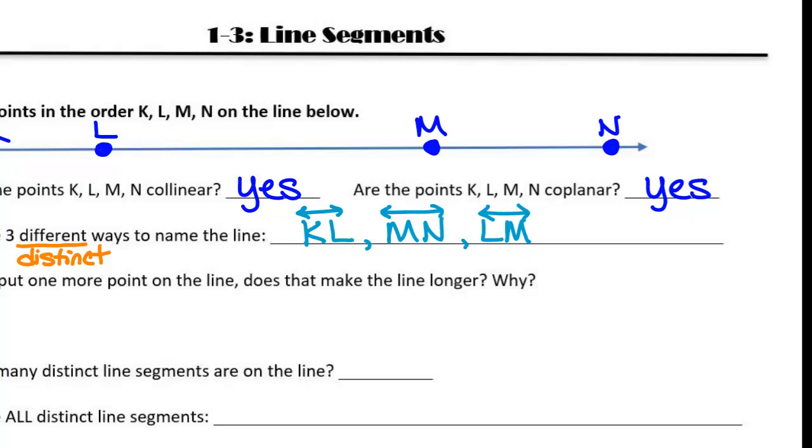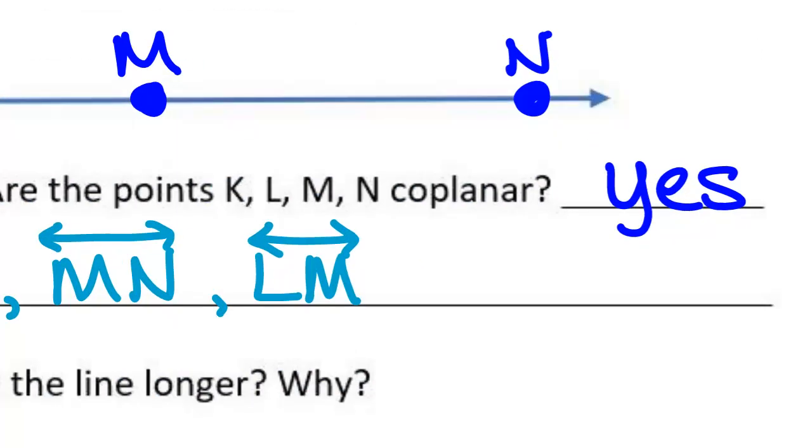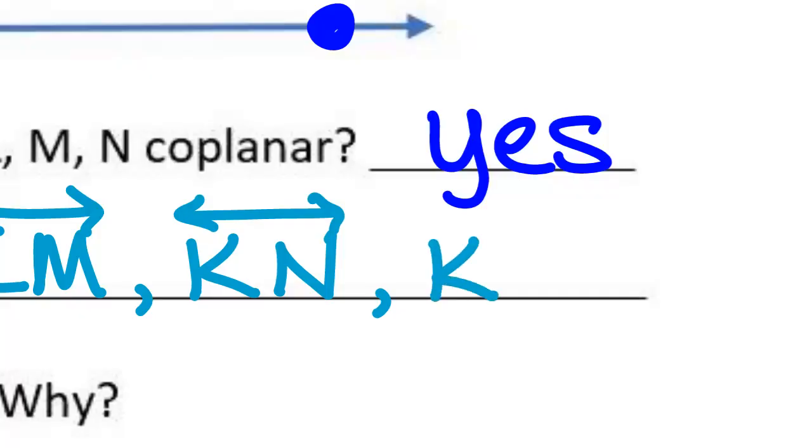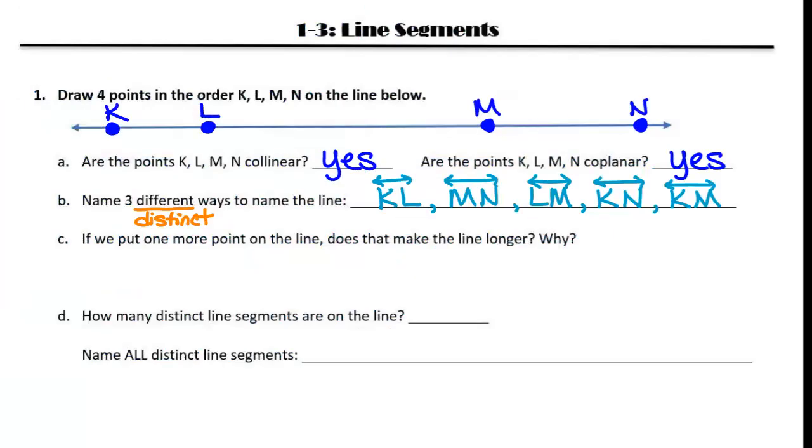Could I call this KN? Yes. I'm going to go ahead and write that one down since we said it. KN. Can somebody give me 1 more? I know it only asked for 3. KM. Yep, we could do KM. Absolutely. As long as it is 2 points on that line, it will work.